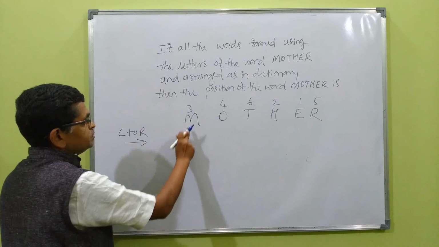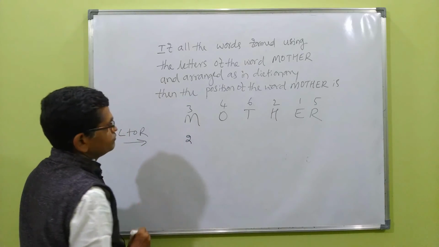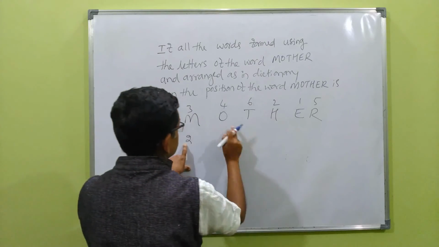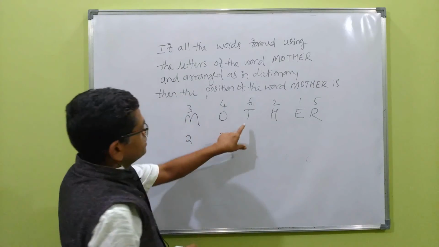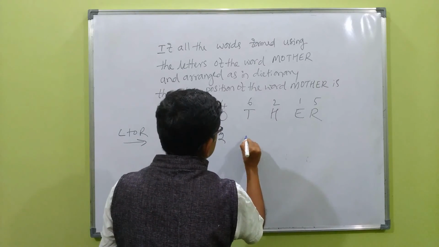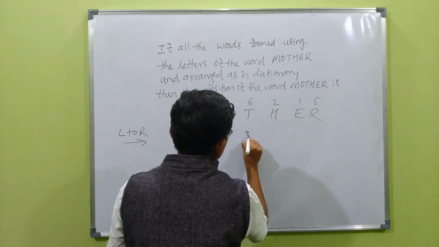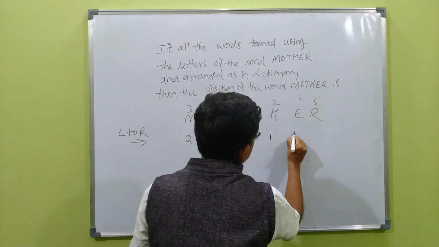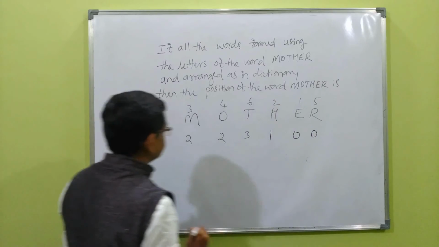Now before this there are 2. Before this 1 is over, 3 means 2 again. So this is 6, already 2 are there. So 3. This is 1, 0 and 0.